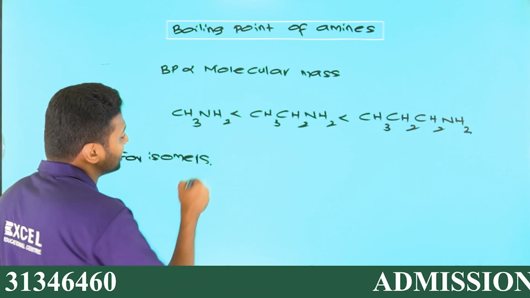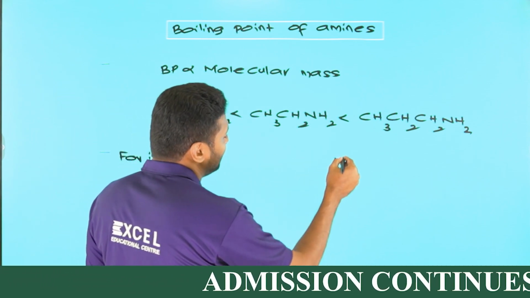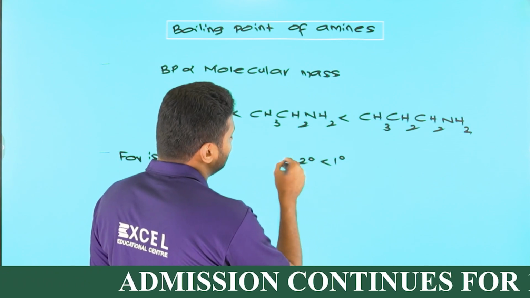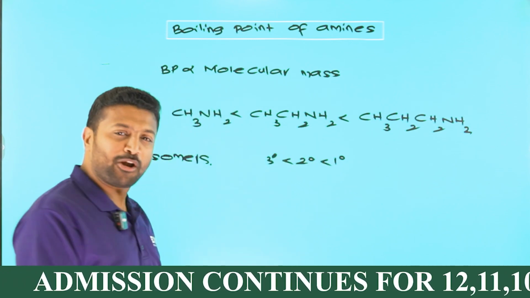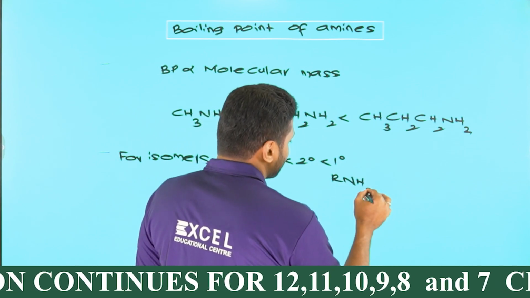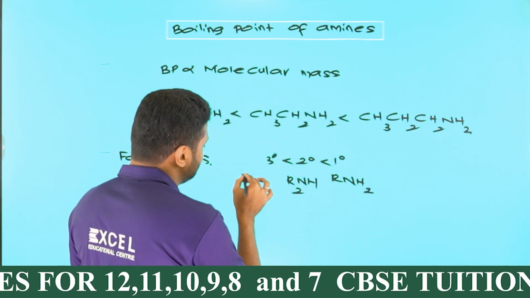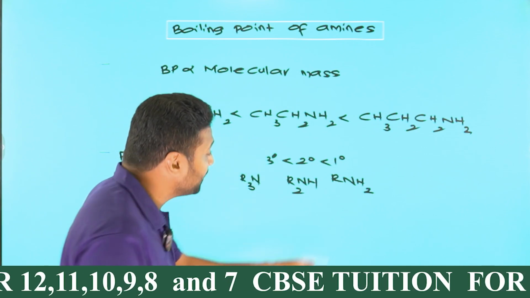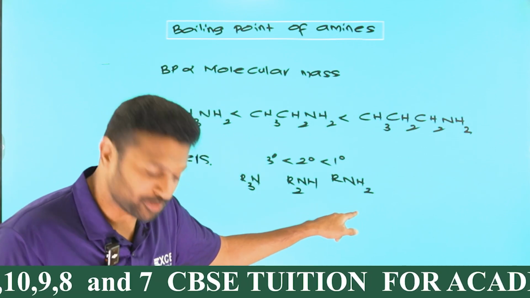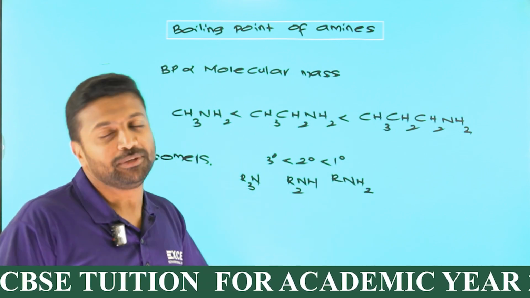For isomers, the highest boiling point will be for primary amine, then secondary amine, then tertiary amine. Why? Simple logic. Primary amine has the formula RNH2, secondary amine R2NH, and tertiary amine R3N. So the primary has more H, and more H means more H bonding, so a higher boiling point.